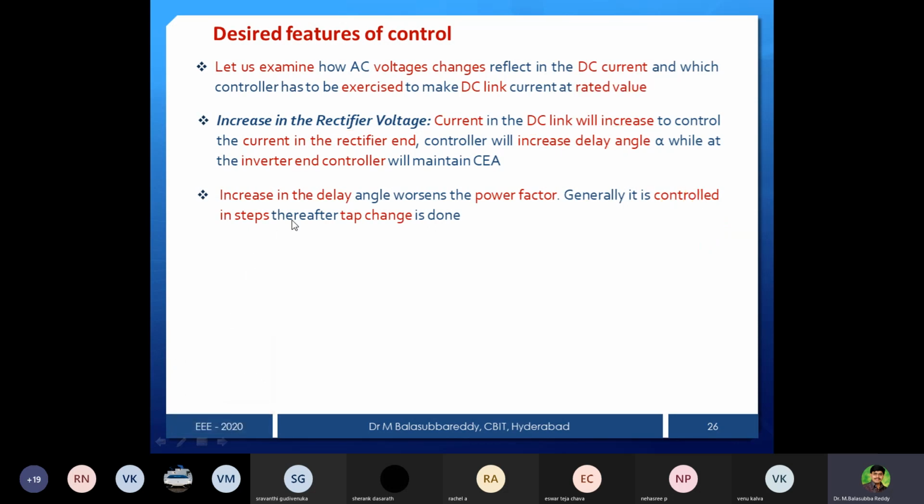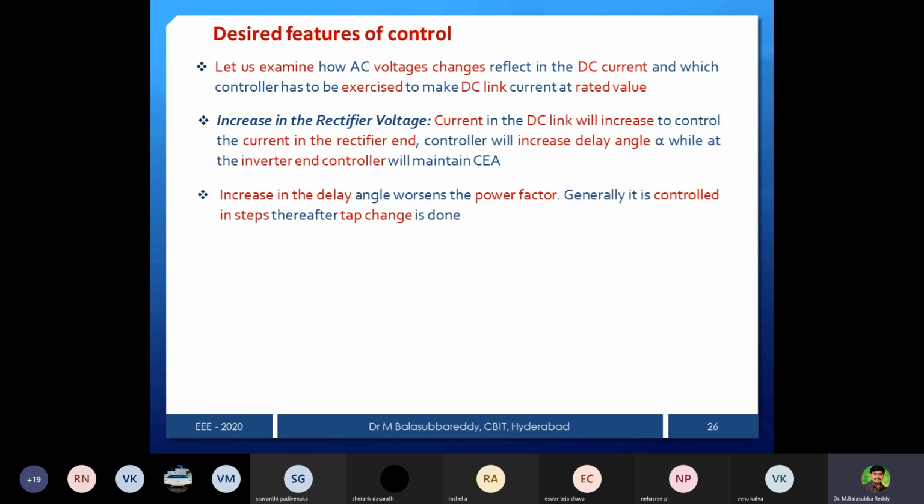An increase in the delay angle worsens the power factor. So that is also a problem. If these cases arise in system operation, what are the consequences? I am explaining.